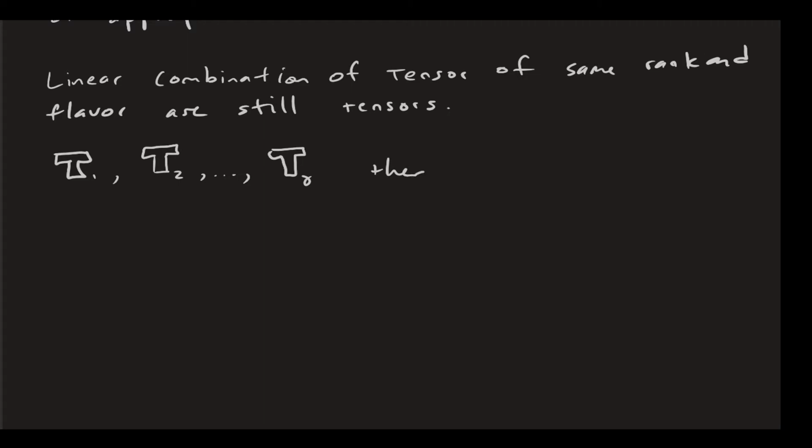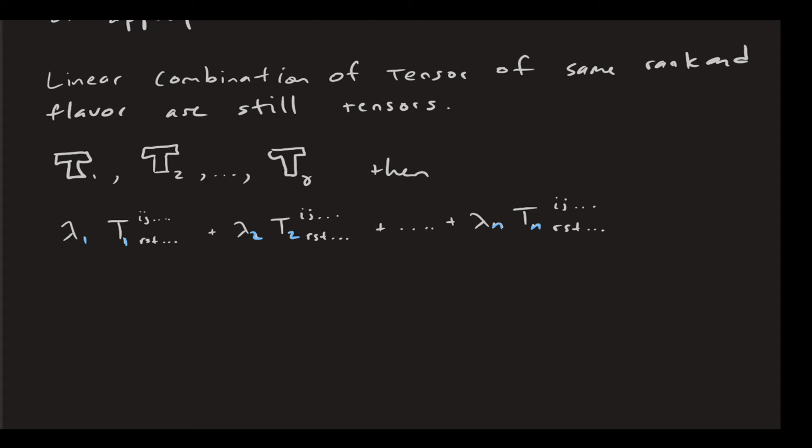Then lambda 1 T1^{ij...}_{rst...} plus lambda 2 T2^{ij...}_{rst...} plus dot dot dot lambda n Tn^{ij...}_{rst...}. This subscript here, the 1, just denotes which tensor we're talking about. It's not a tensor index. It's just to distinguish between the tensors.